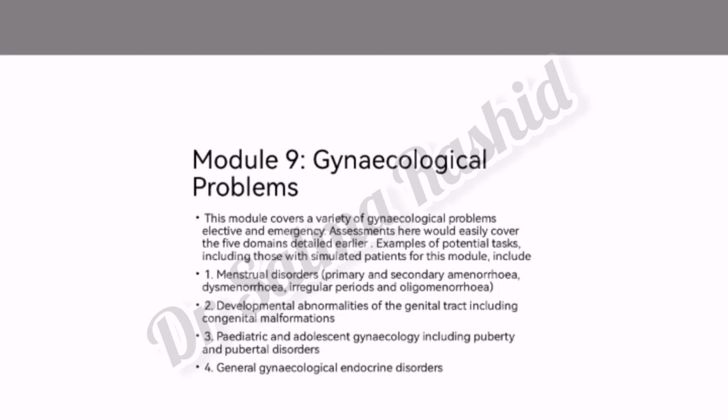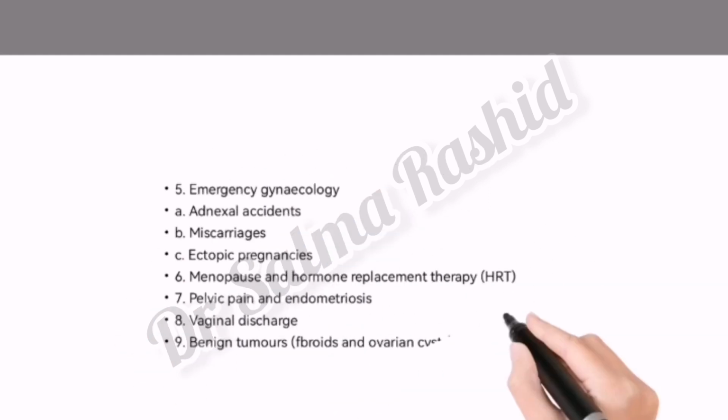Examples of potential tasks, including those with simulated patients, of this module include menstrual disorders, primary and secondary amenorrhea, dysmenorrhea, irregular periods and oligomenorrhea, developmental abnormalities of the genital tract including congenital malformations, pediatric and adolescent gynecology including puberty and pubertal disorders, general gynecological endocrine disorders, emergency gynecology, adnexal accidents, miscarriages, ectopic pregnancies, menopause and hormone replacement therapy, pelvic pain and endometriosis, vaginal discharge, benign tumors, fibroids and ovarian cysts.